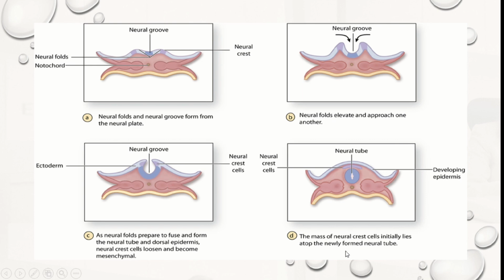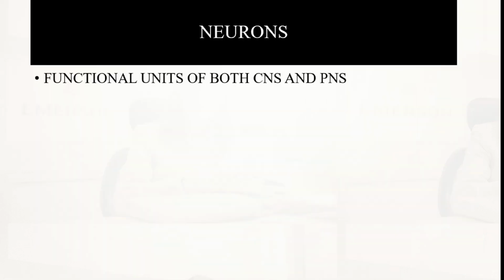Then finally the mass of the neural crest cells initially lies atop the newly formed neural tube. That's what happens.